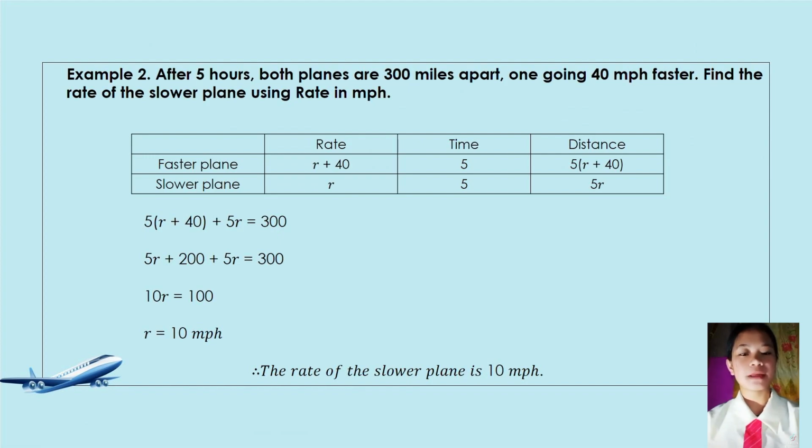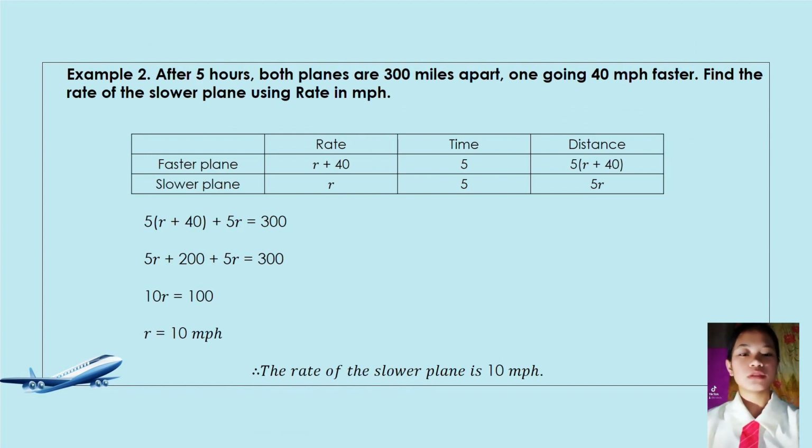Add 5r plus 5r, which is 10r. Then we move the 200 to the right side of 300, which means we subtract 200 from 300. The answer is 100.